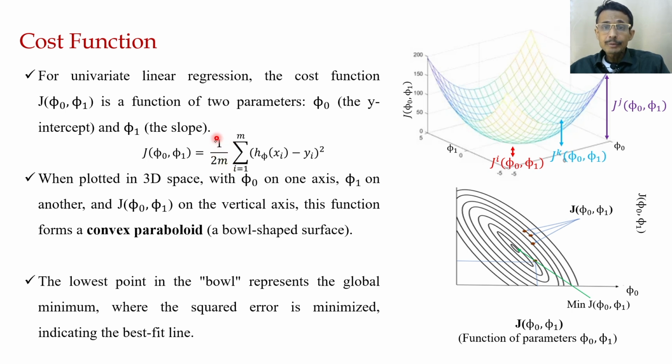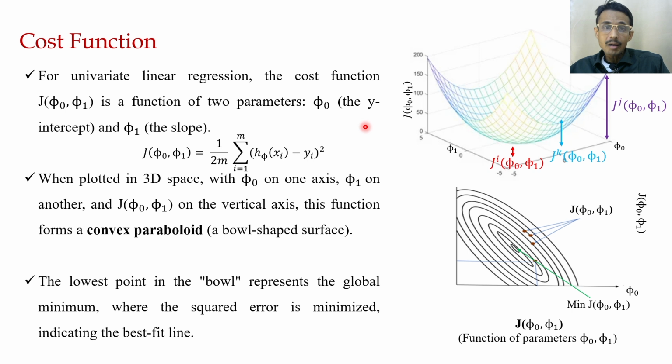Okay, now if we plot this function, we get this kind of convex paraboloid. A convex paraboloid is a bowl-shaped surface. Now if we intersect it in this way, we get this kind of concentric parabolas or ellipses. Basically it is a concentric ellipse, and this is called a contour plot.